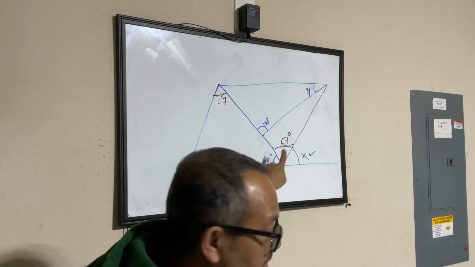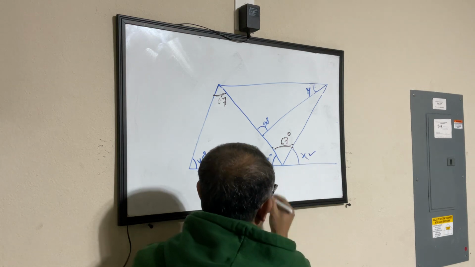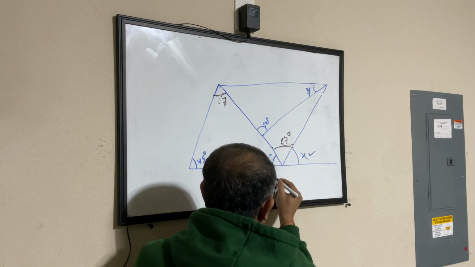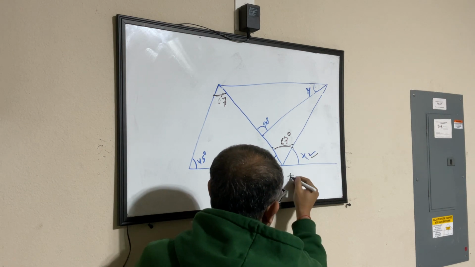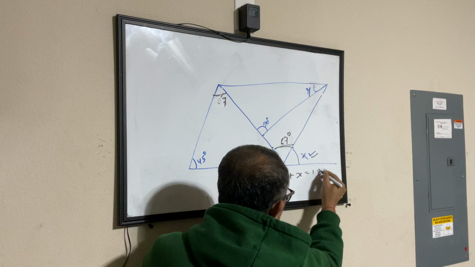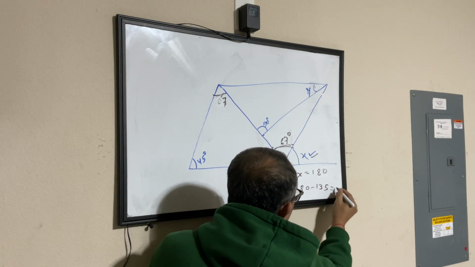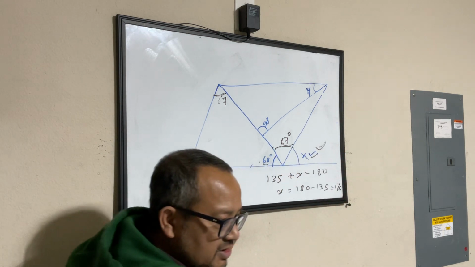As soon as you found these two, what is this one? This plus this is 180. This plus this is how much? 135. And including this will become 180. So this becomes 180 minus 135. So whoever got 45 degrees for x was right, and I think most of you got the same value.